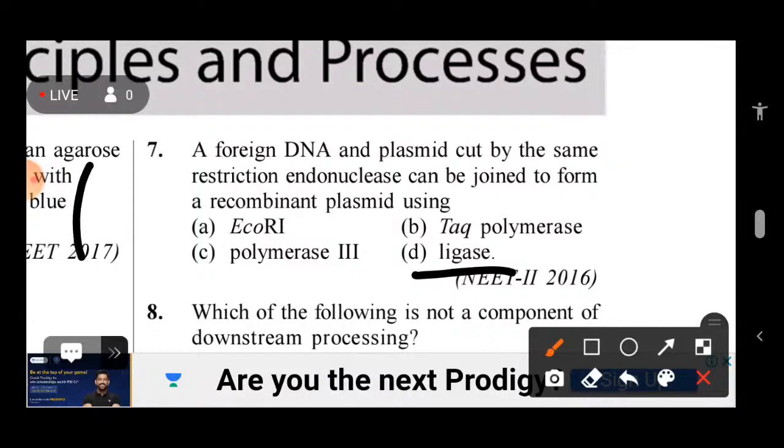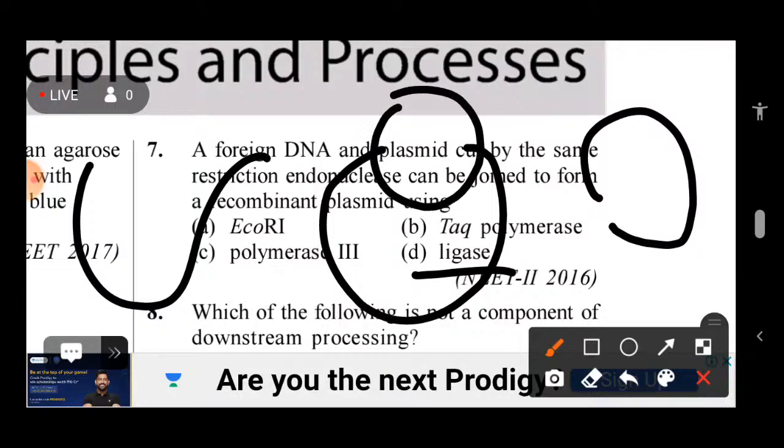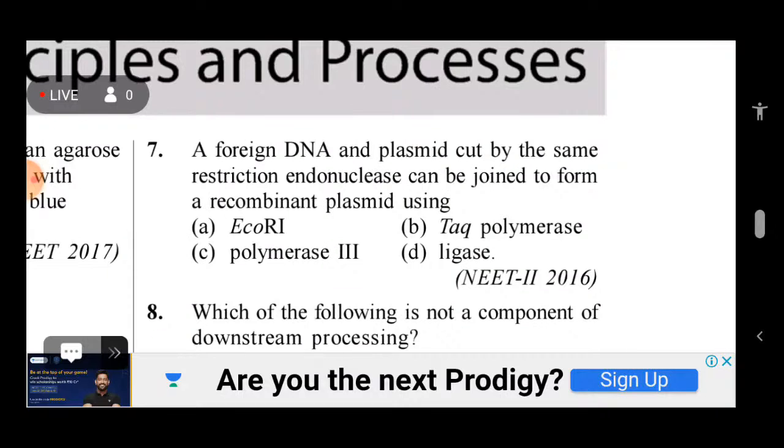What is DNA ligase? Some DNA is not connected, not joined. DNA ligase is a type of enzyme which attaches here and makes the bond between these two, so they are able to connect. So to join the recombinant, we are using DNA ligase here.